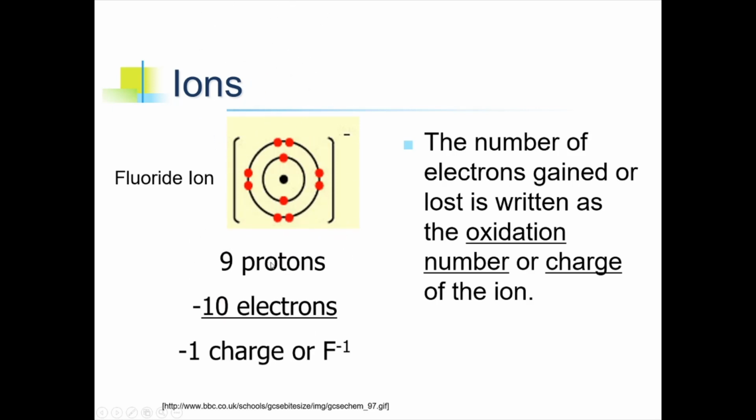Well, you do the protons minus the electrons, and that will give you the charge or the oxidation number. We have 9 protons from fluorine, and once it turned into the fluoride ion, it now has 10 electrons. So if we do protons minus electrons, 9 minus 10 is -1. The oxidation number, which is written in the top right, is going to be -1. So we have this F and then -1 in the top right.